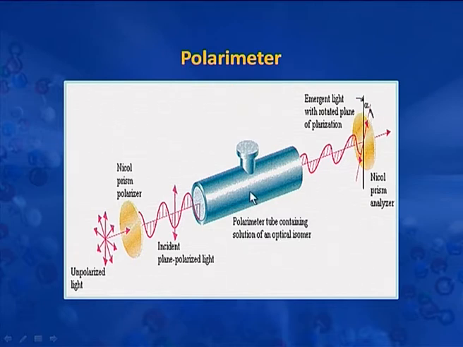It means for the same substance, if we take the solution of different concentrations, or we take the tube in different lengths with the same concentration, the value of alpha will be different. So, in order to have uniformity so that we can compare the optical activity of different substances, we define a term which we call specific rotation.